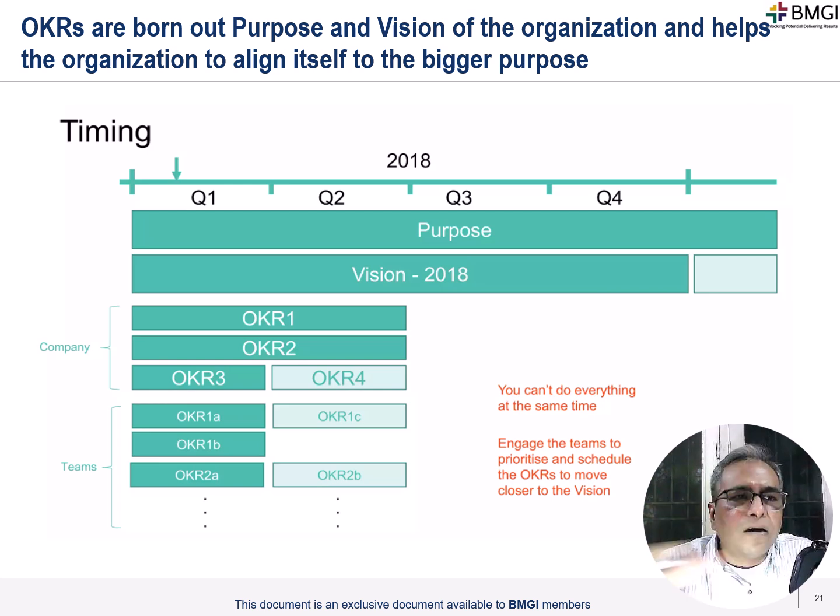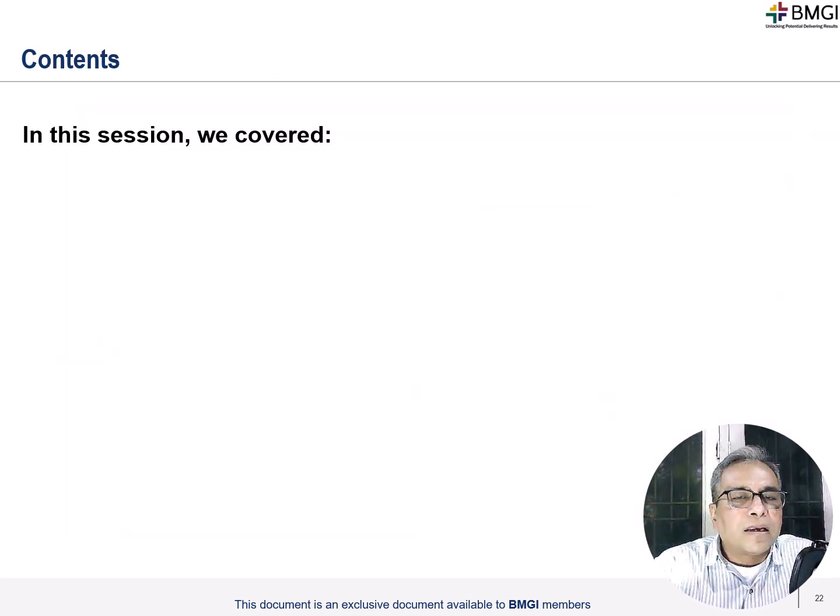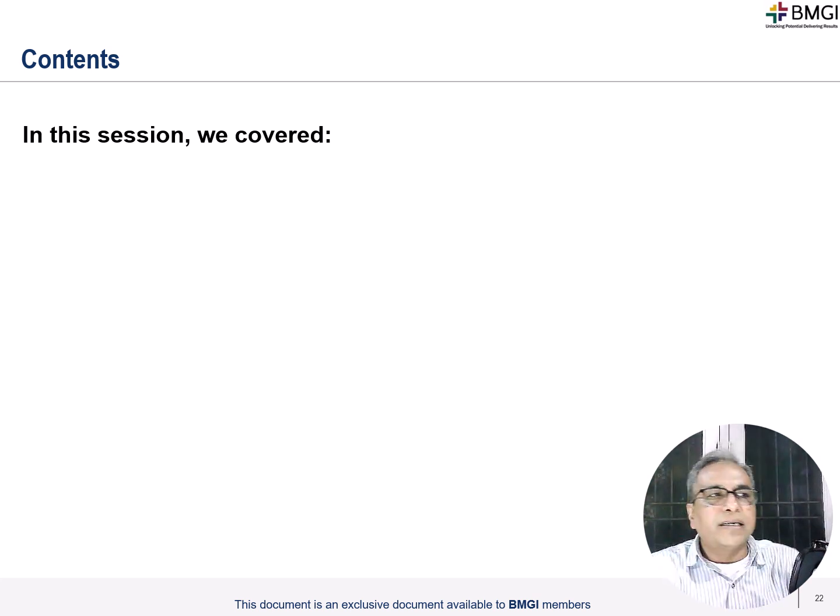Right? So quarter on quarter, we are trying to achieve this. We have an annual goal, and that's what it is breaking down into. Let's say this is A, so this is A1, A2, A3, and that's what we achieve as we go ahead. Right, so that's basically what it is.